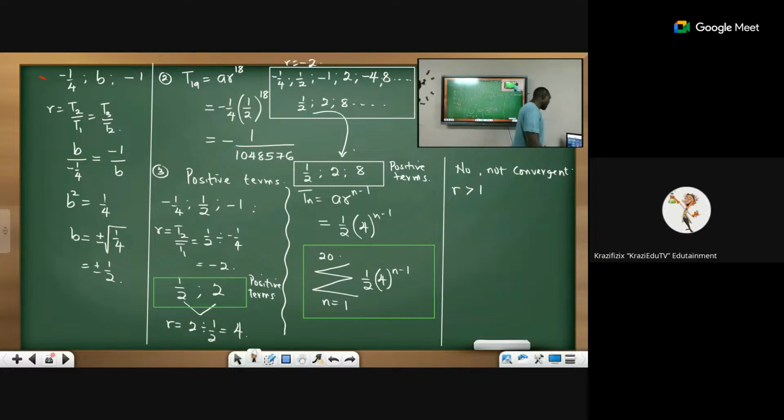All right. Divine, your hand was up. Thank you, sir. I had a question concerning the third question that we just did. They said write it down in sigma notation, right? Yes. So wouldn't we be required to add the equal sign and actually add those terms and then get the answer, or do we just write it in that?